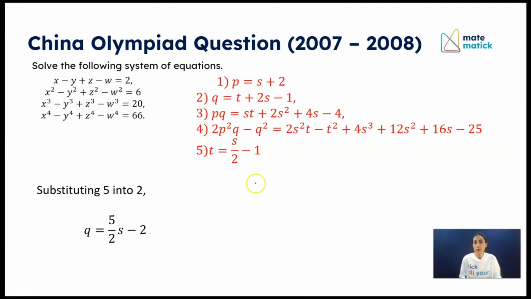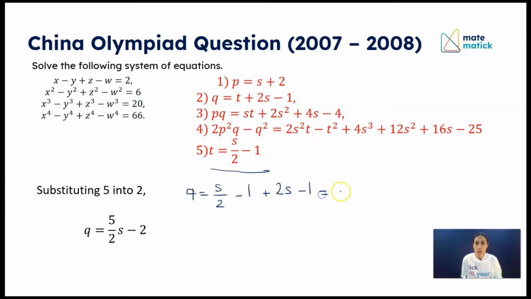And now I'm going to use this t in our fifth equation. Now I know t in terms of s, so I'm going to go to the second equation, and here instead of t, I'm going to write this one. So q is equal to, instead of t, s over 2 minus 1 plus 2s minus 1.